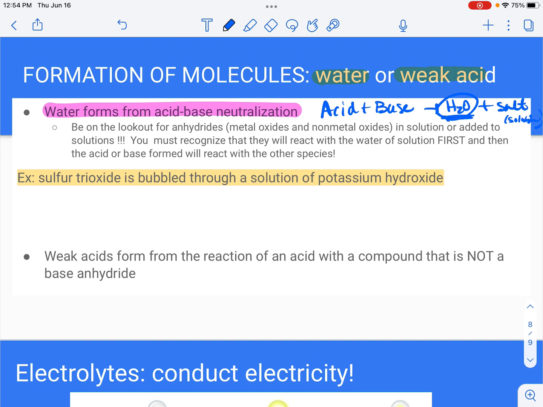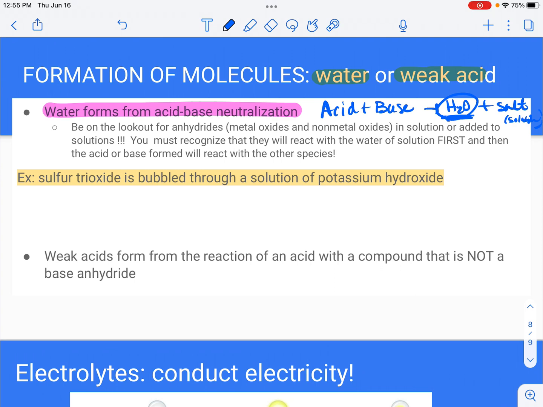You do have to be on the lookout for anhydrides because they might go in as a solid, but if you add them into something that is a solution, like potassium hydroxide or some other solution, the first thing that they're going to do is form the acid from the acid anhydride.